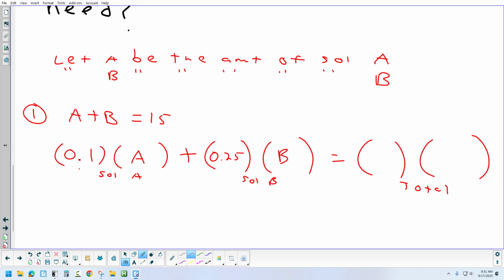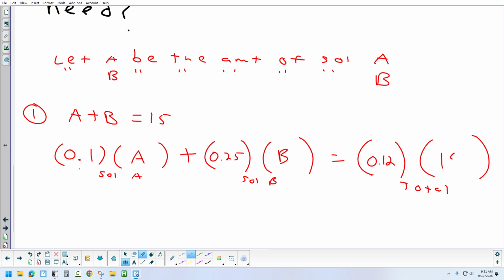Now, we've got to get at the total. What's the final concentration that they want you to end up with? It was 12. How do we write 12 as a decimal? 0.12. And what was the total amount of liquid? 15.